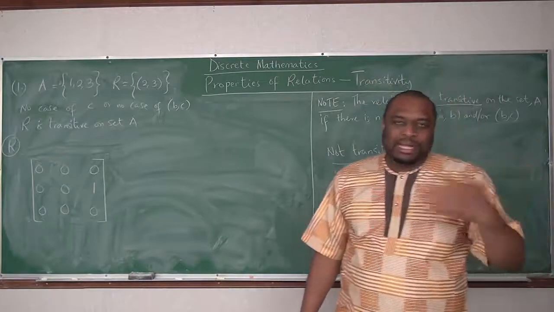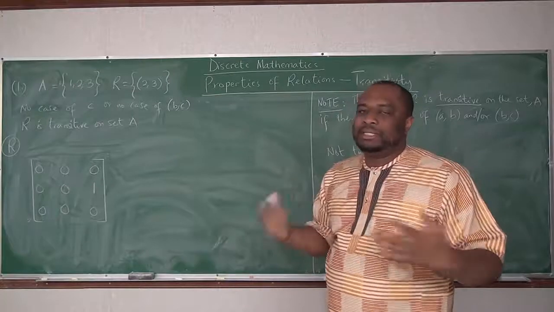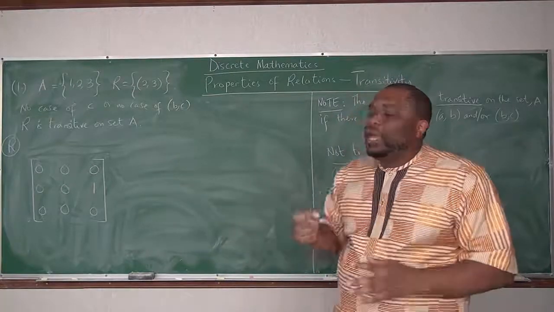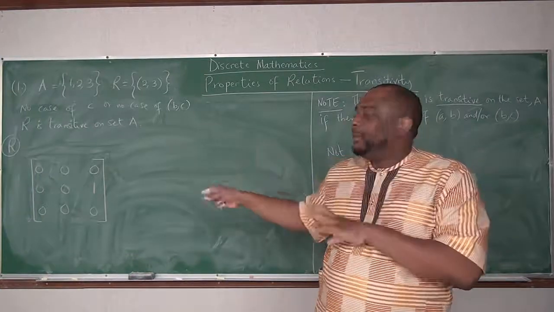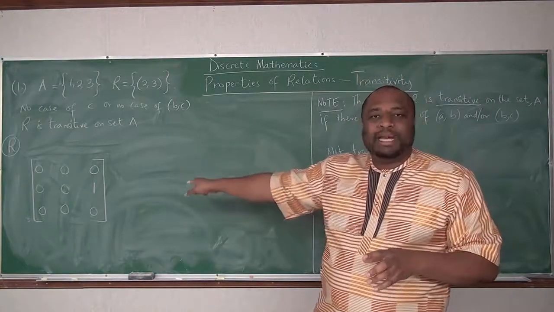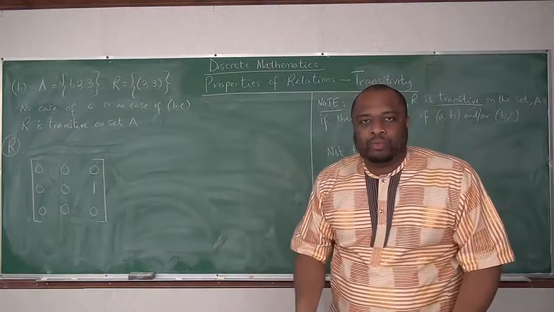Well, that is one way. What if you have 1, 0, 1, 1, 1, 0, and the rest of them? Another way you could do this is to square this matrix, that is, find R squared.